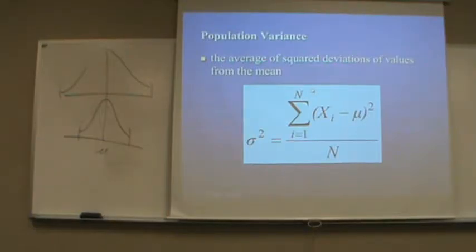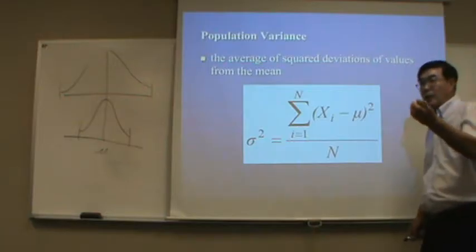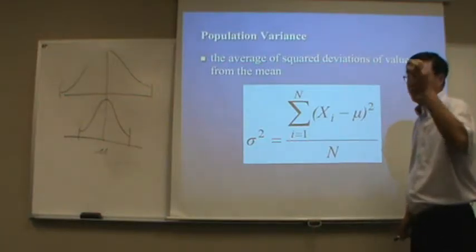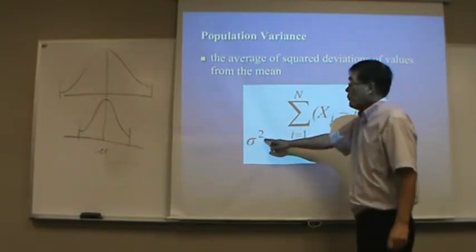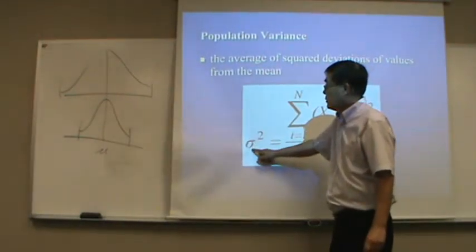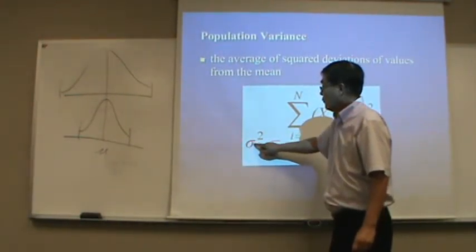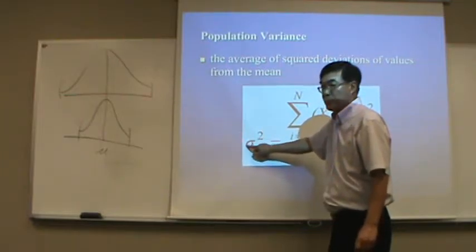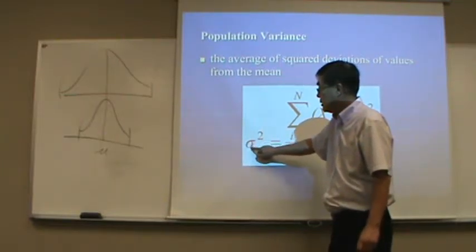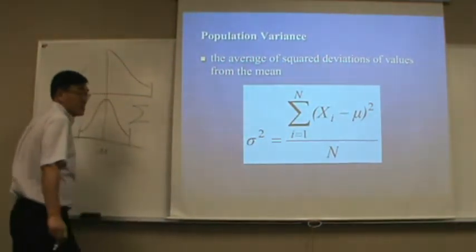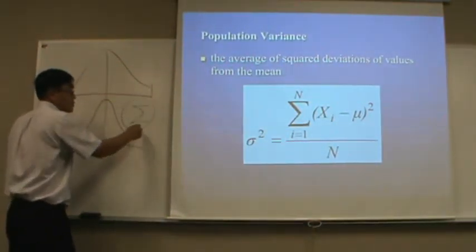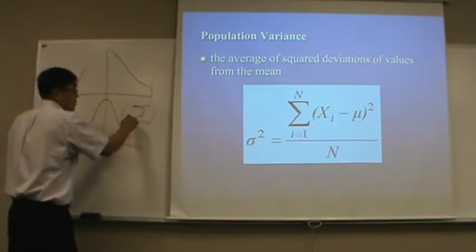Population variance. When we get a certain number from a population, that is a parameter. Population variance, we read this one as sigma. Actually sigma looks like this. When we use sum of, then it looks like this.